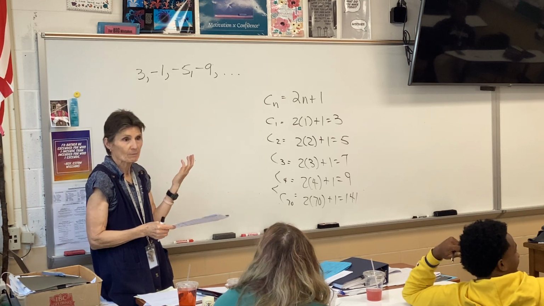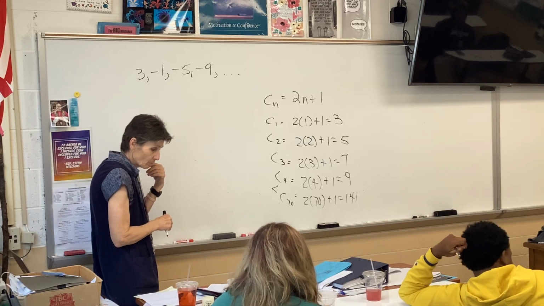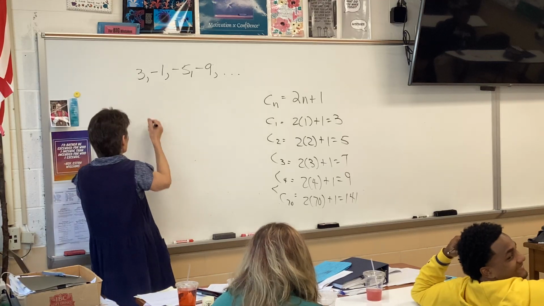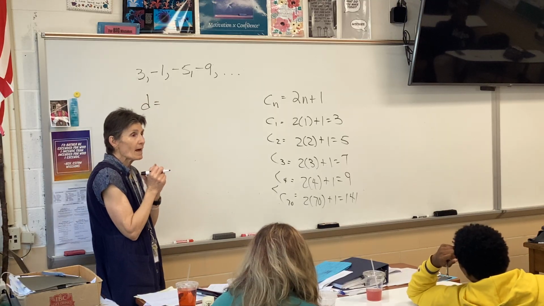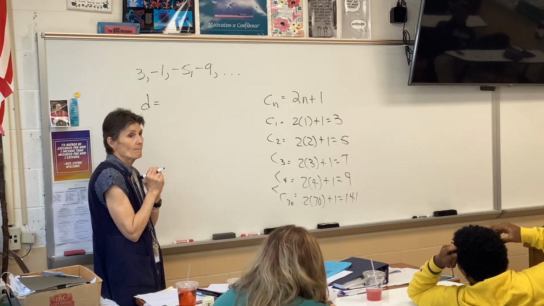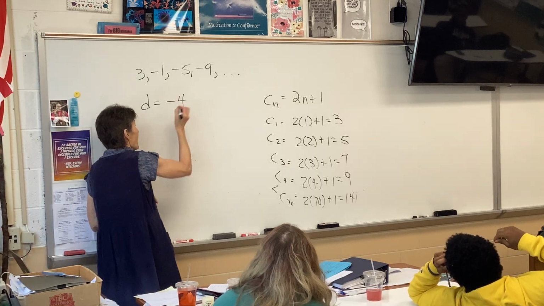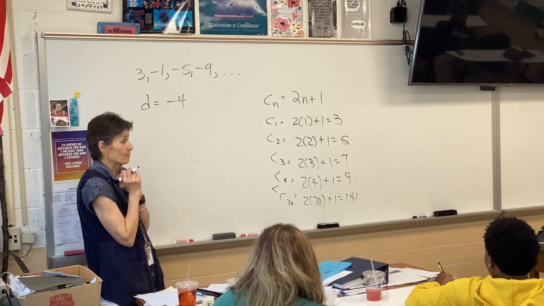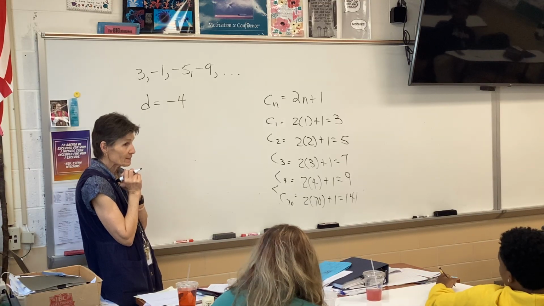You can figure that out, right? You can tell that's arithmetic. Okay. What are we doing? We're gonna find the common difference. Right, you can do that. What am I adding? What? -4. I'm adding -4. Would everyone agree with that?